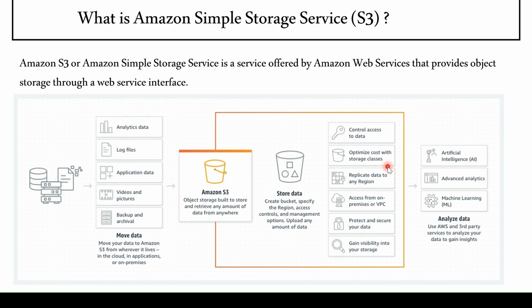We can select the appropriate one. Then replicate data to any region. We can always transfer the data from one S3 bucket to another across the regions. Then access from on premises or VPC. S3 buckets can be accessed from any on premises application or through a virtual private cloud.